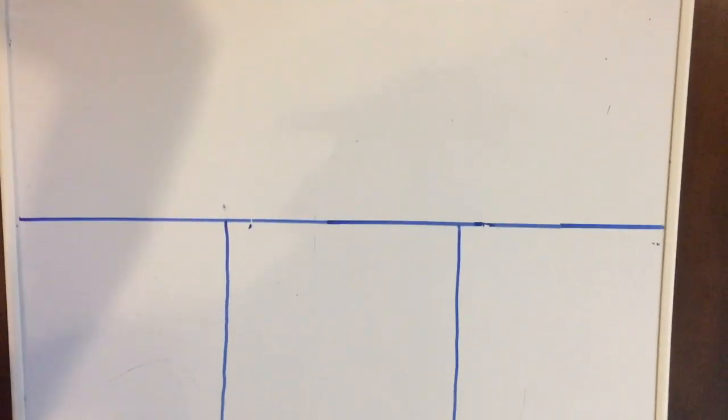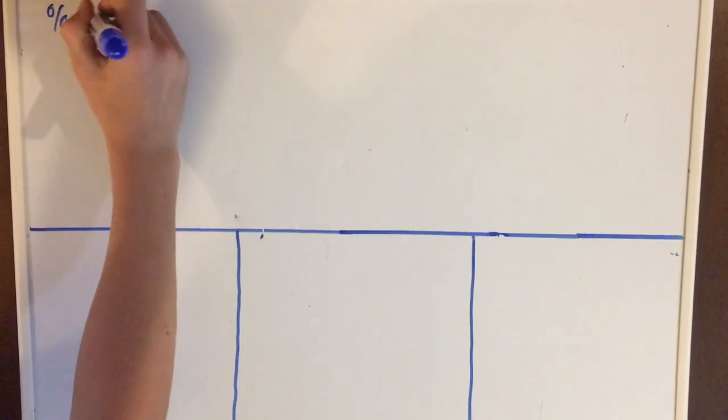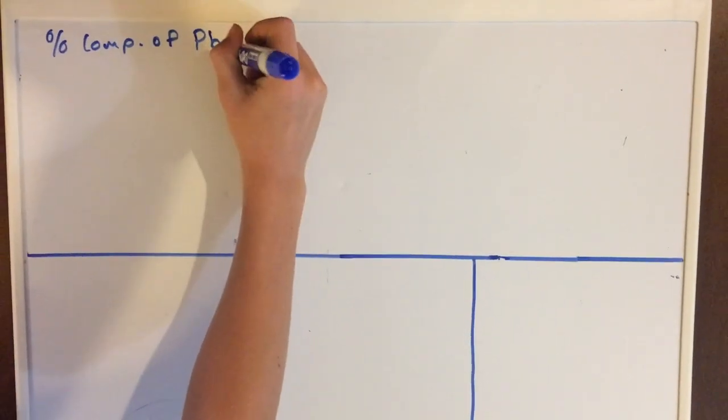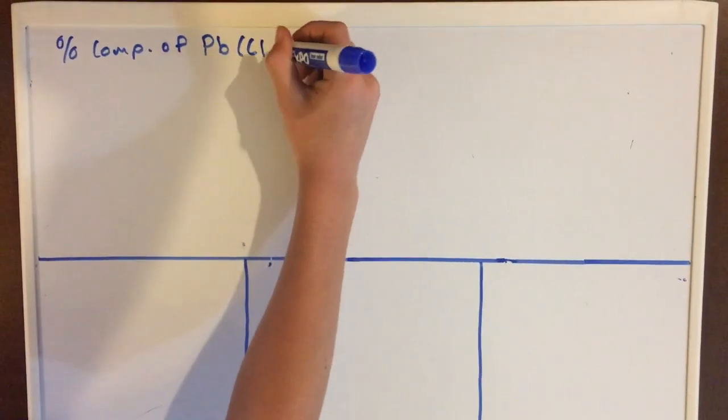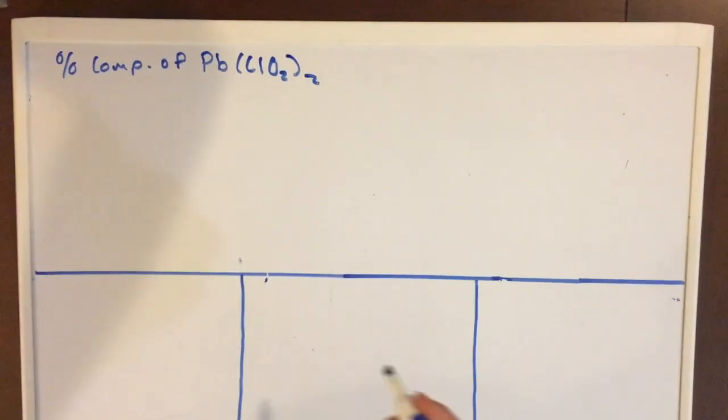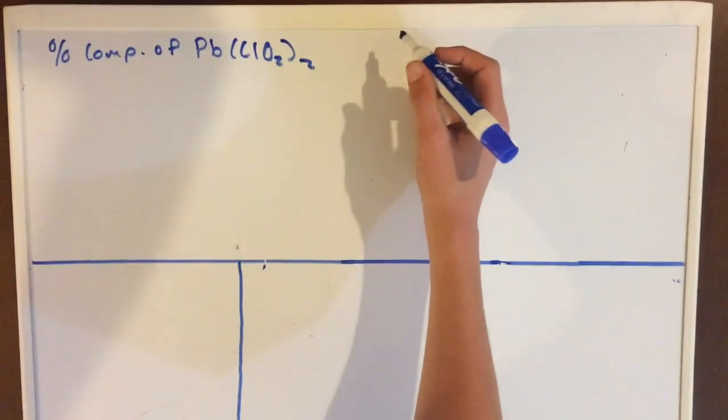Hi, my name is Alan, and today we're going to find the percent composition of Pb(ClO2)2. And how we're going to do that is using a specific formula.